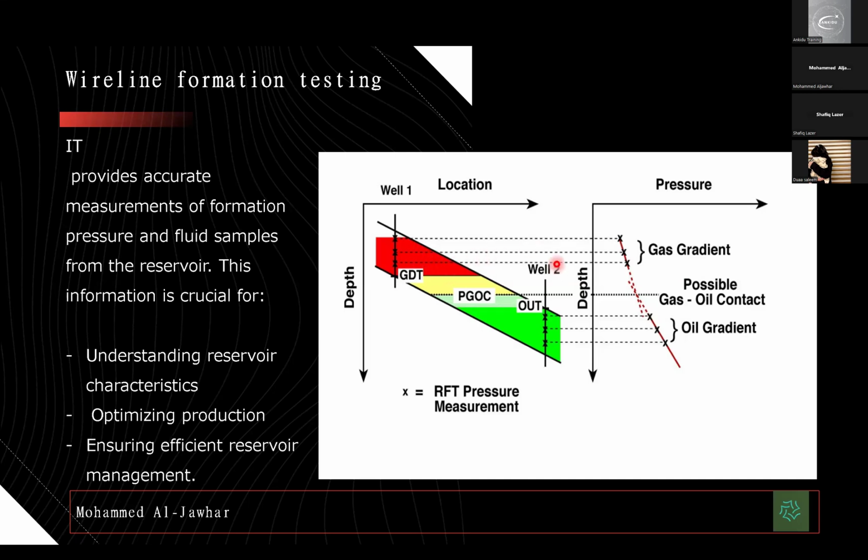So understanding the characteristics of our reservoir, optimizing the maximum recovery from our field, to have the performance of our reservoir at maximum for a long time with low cost. So for formation testing, we can expect this kind of information.